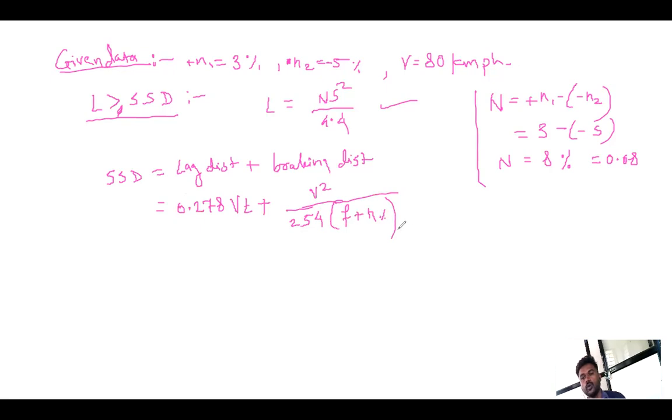So the lag distance is 0.278 VT and the braking distance is V square upon 254 into F plus or minus n%. We take plus when there is an ascending gradient, and minus when there is a descending gradient.